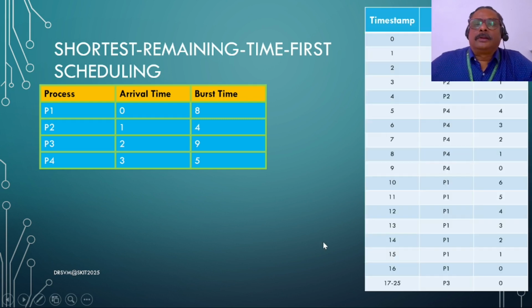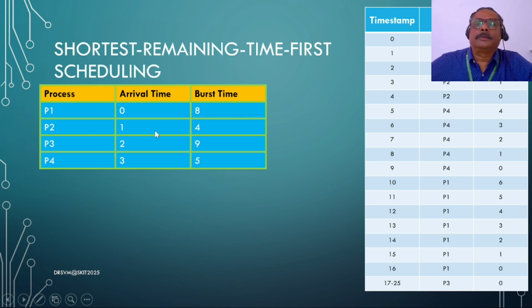So let's look at the whole scenario. At time 0, only P1 was available, therefore P1 starts working, and after 1 slot 7 are remaining.